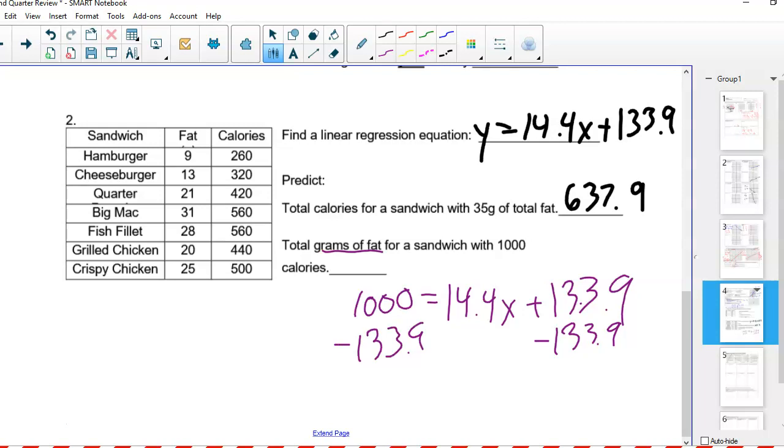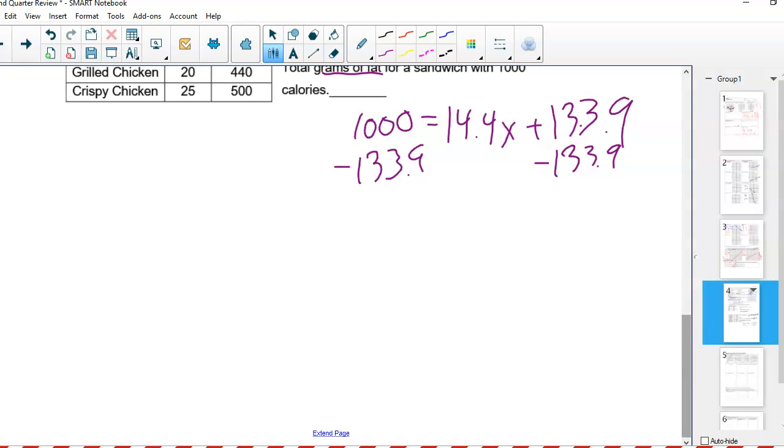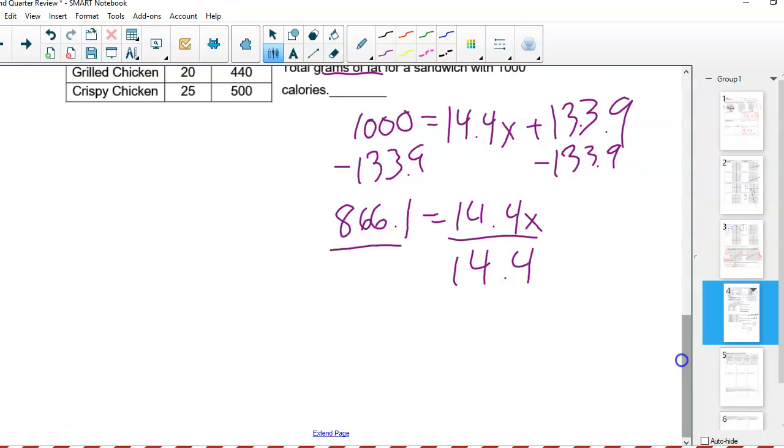Someone do this for me. 1,000 minus 133.9. It's 866.1. Divide that by 14.4. 60.14.